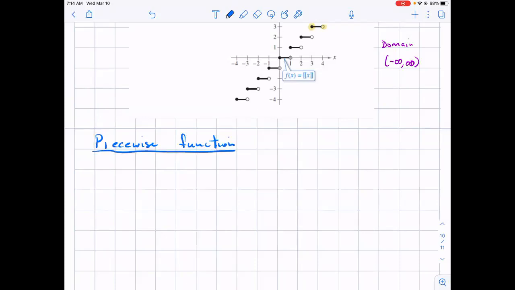And a piecewise function is a function that's made up of different pieces of other functions.